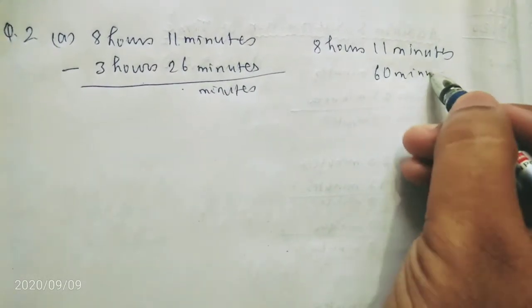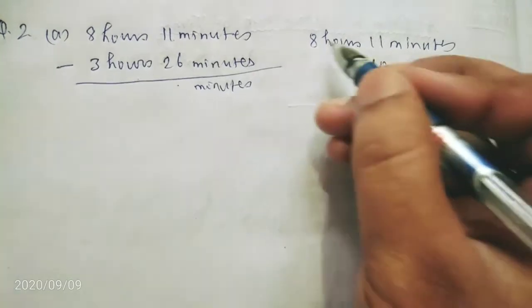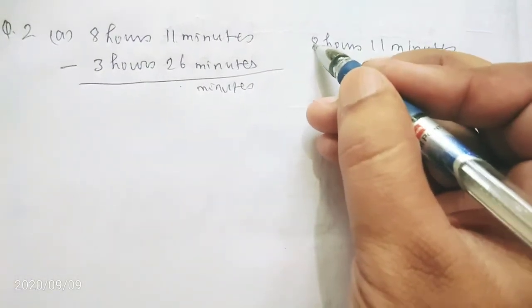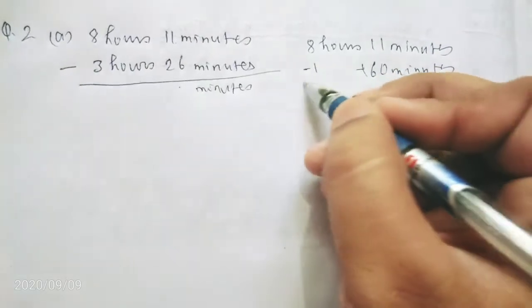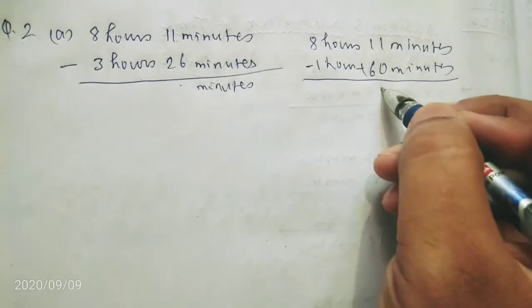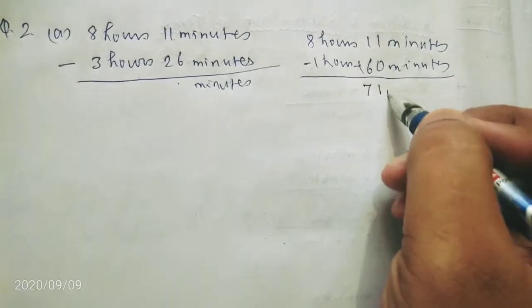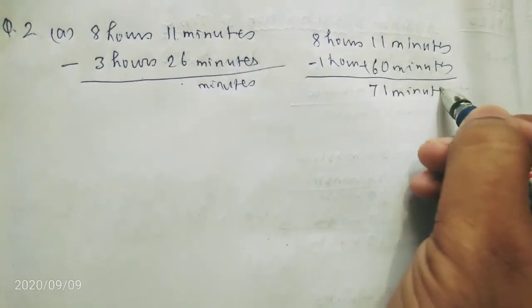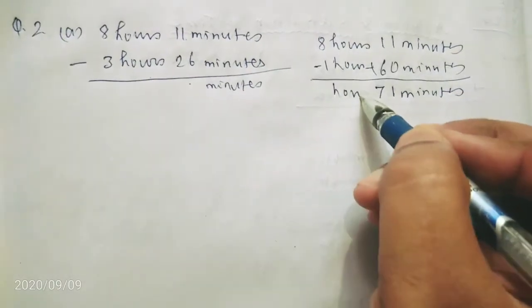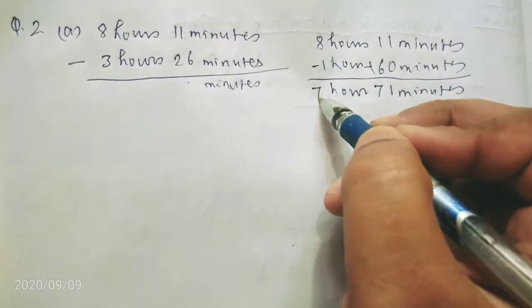So here you have to add 60, and when you borrow something, then 1 hour is less. That means you have to minus 1 hour. So here it is 71, then 8 minus 1, 7 hours.